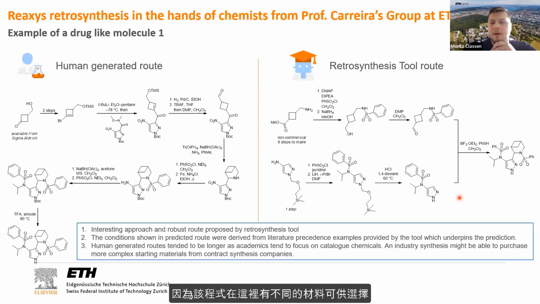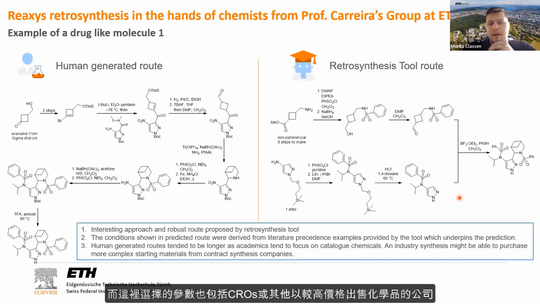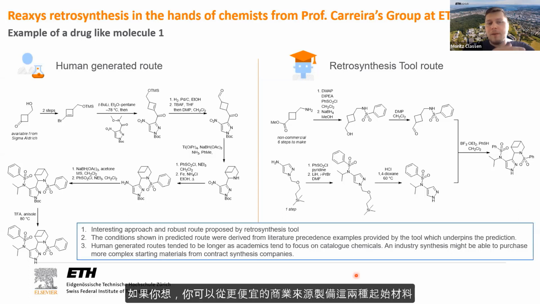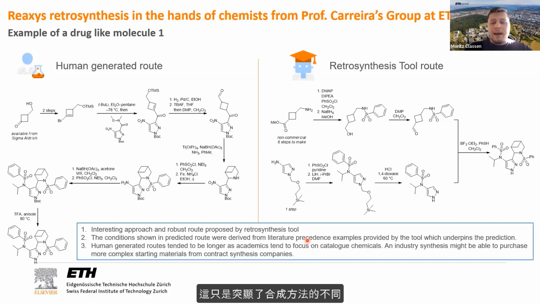This is again because the program has different parameters to choose from here, and the parameters chosen here were to also include CROs or other companies that sell chemicals at a higher price. This is not a problem. If you want, you can prepare both these starting materials from cheaper commercial sources, but it just highlights how the approaches can be different.